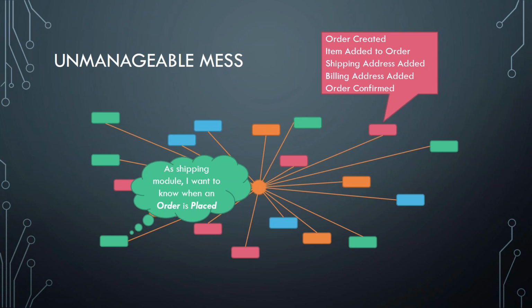So where are we supposed to send it to? Because this is a shipping module, right? That wants to know. So it probably wants to know everything. Now, one of these components is going to have to learn the language of the other one. So it's either the shipping module that listens to all these events by the order created, shipping added, etc., and then throws everything away when an order canceled comes in, or is it going to build up this order placed event because it sees that all these events have occurred?